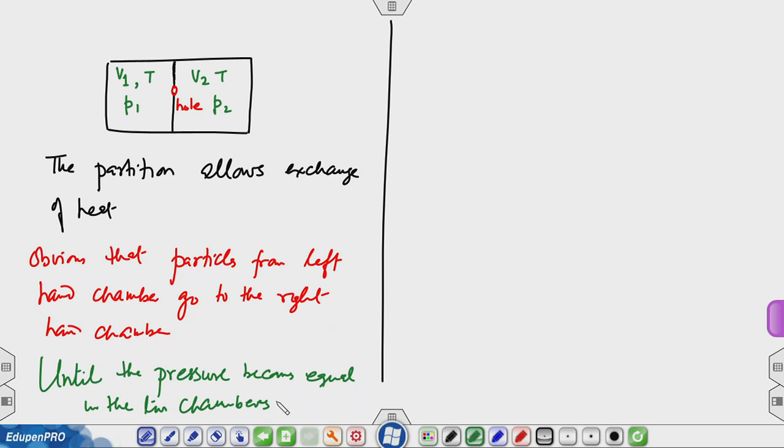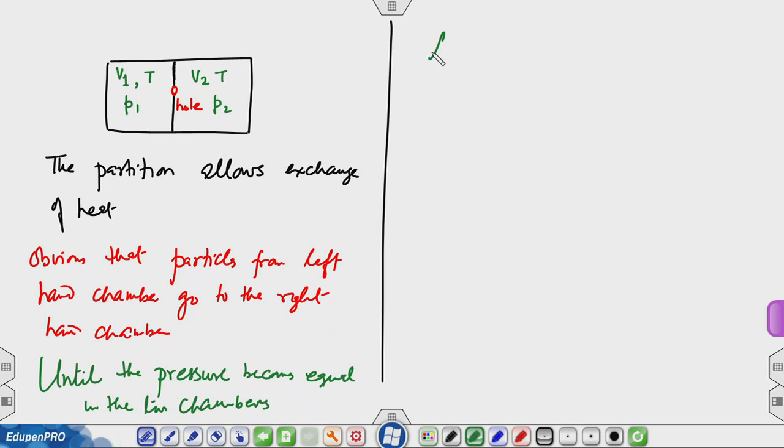So if I were to do a calculation, I'll calculate how many moles have gone from the left to the right, calculate given the V1, V2, and T, what will be the pressure, and when that becomes equal, we reach the equilibrium situation.